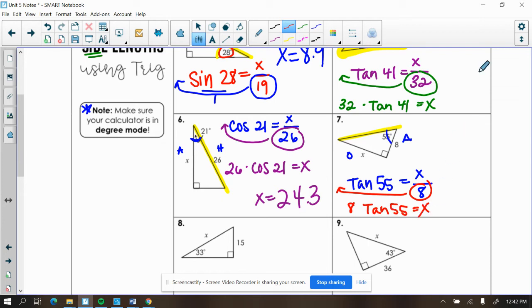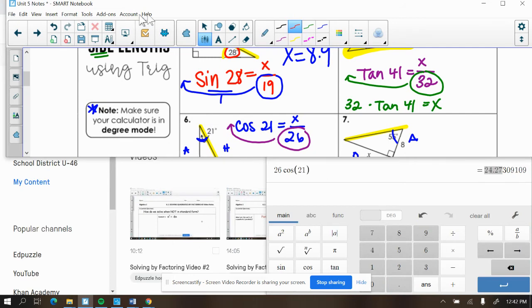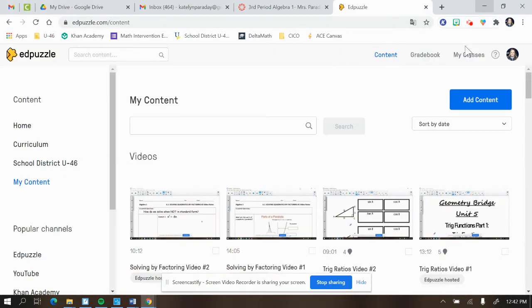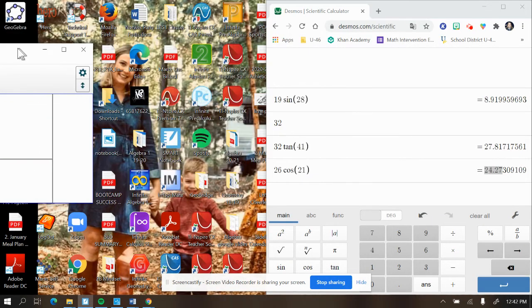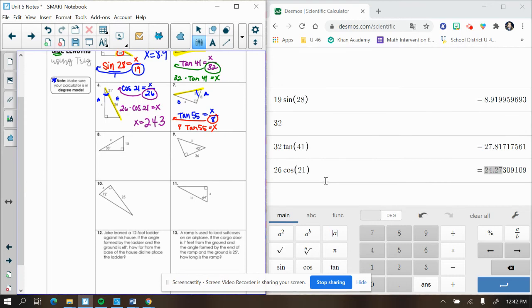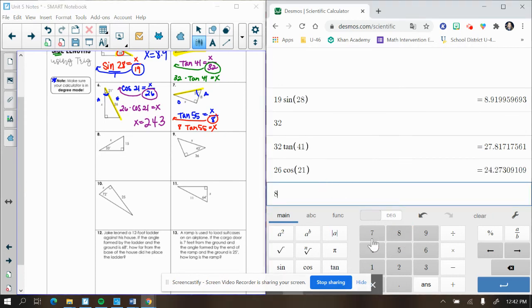So let's find out what x equals. So 8 times tangent 55 gives me 11.4.